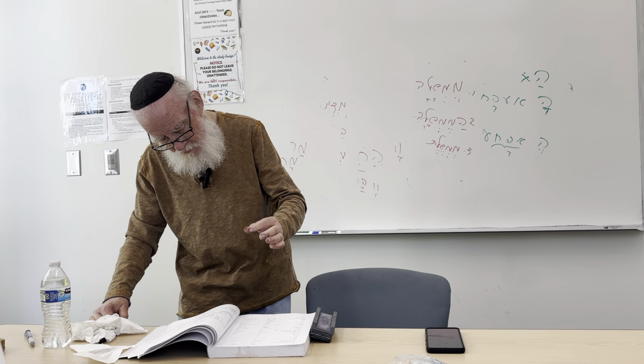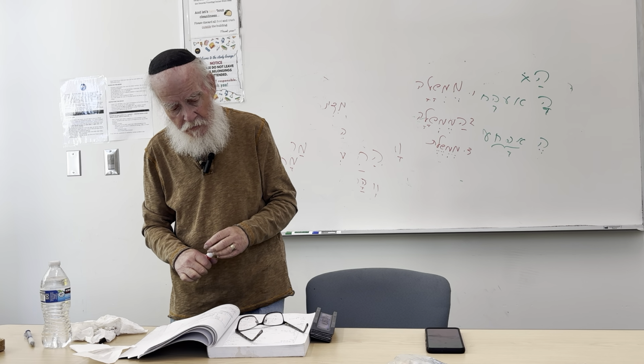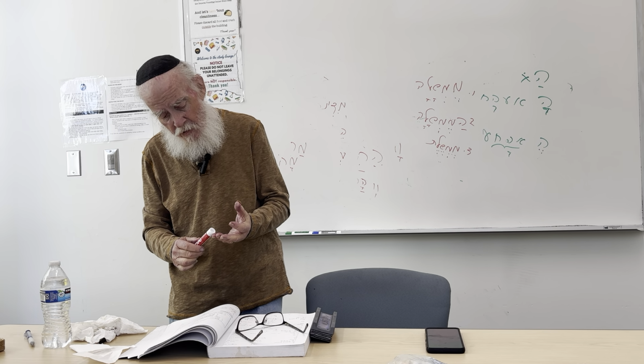Sefer and Sfarim, the word for book. Sefer also has multiple meanings. Sefer can also mean a manuscript. Before there's a printed Bible, the word Sefer Torah. To this very day, Jews refer to the Torah scroll as Sefer Torah.